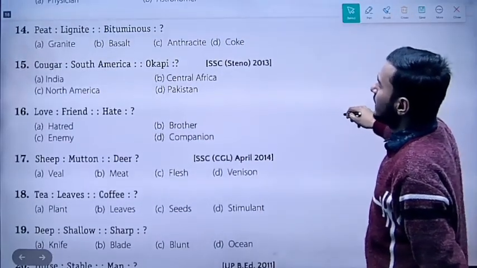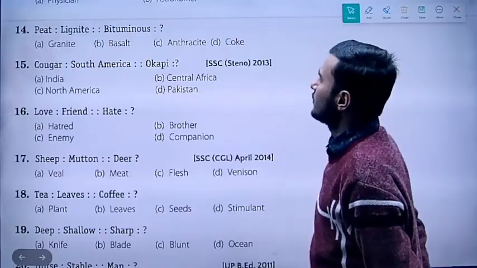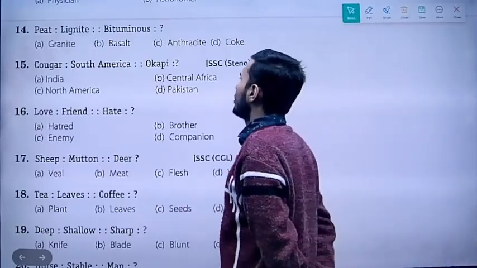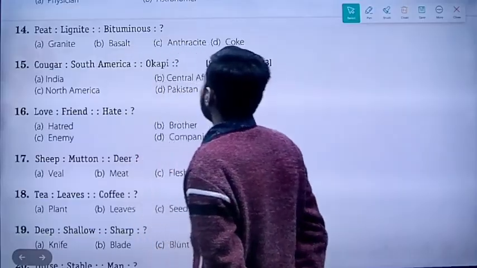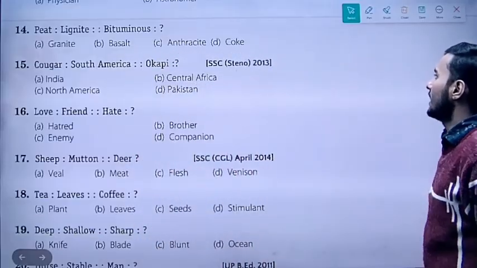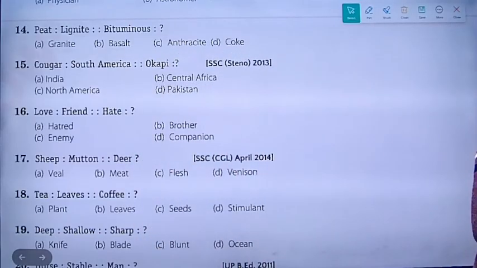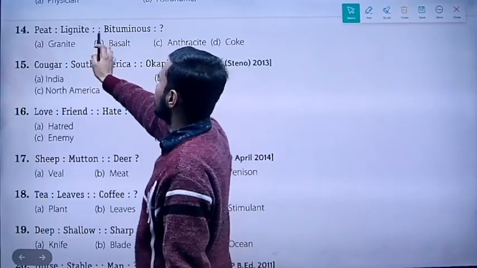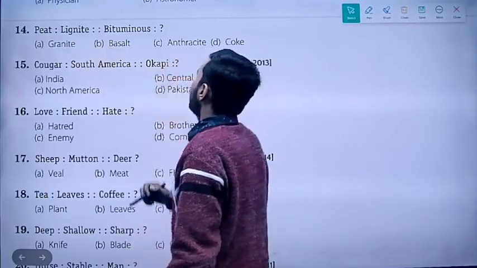Now if we look at the next question: peat is equal to lignite, then bituminous is equal to what? Option A, granite, option B, basalt, option C, anthracite, option D, coke. See, in this question, the three above, peat, lignite, bituminous, what are they?